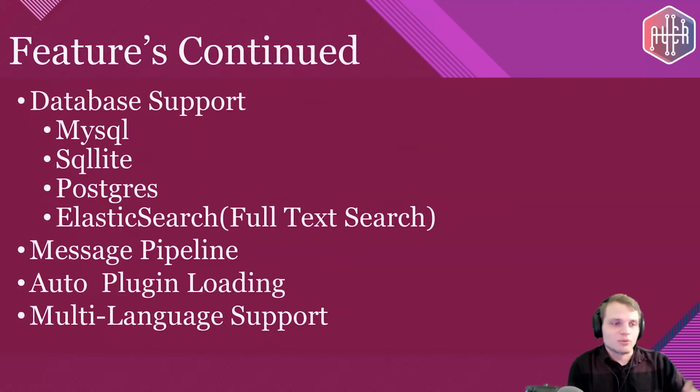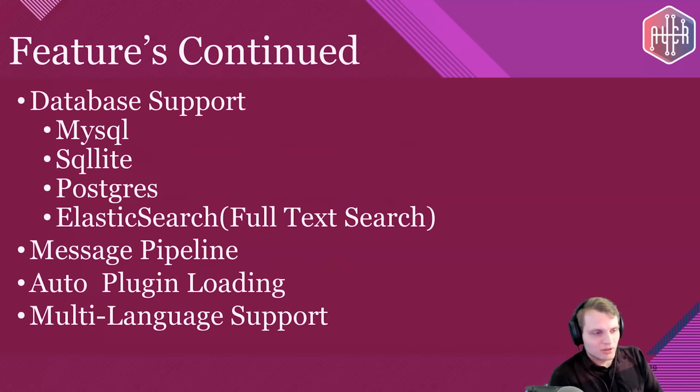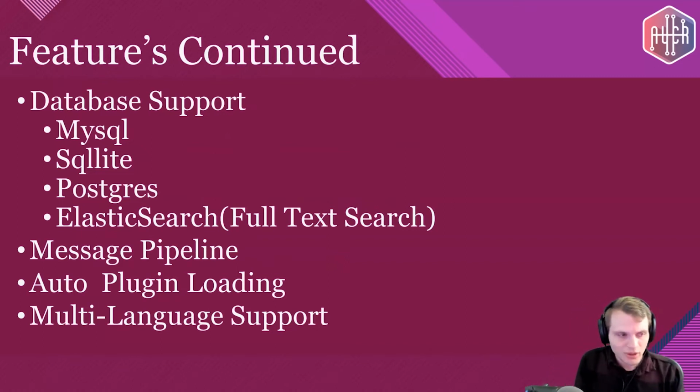Database support covers all of the most popular: MySQL, SQLite, Postgres. If you would like full stack search to be available, you'll need Elasticsearch enabled, though it's not required. All of this is open source, by the way, so if anyone wants to set up and run their own environment, it's pretty simple and straightforward. Otherwise, you can use the public platform that I have and test out stuff there.